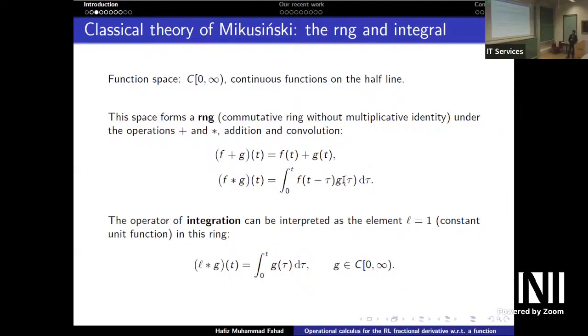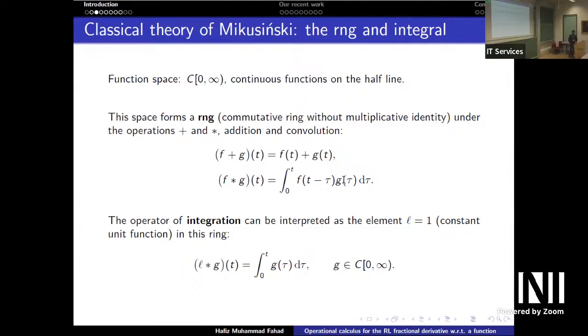Here, the plus, that is addition, is defined as (f plus g)(t) equals f(t) plus g(t). And the star operation is defined as (f star g)(t) equals the integral from 0 to t of f(t minus tau) g(tau) d tau, the same convolution which we need in the theory of the Laplace transforms.